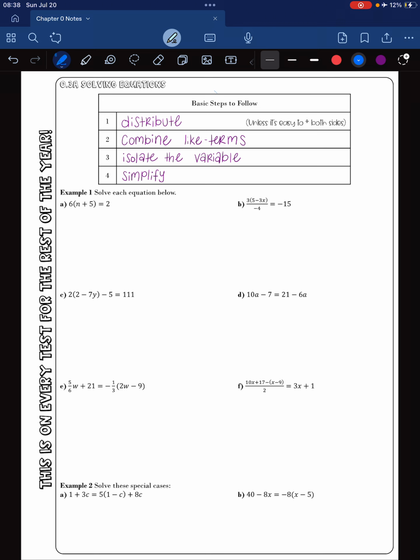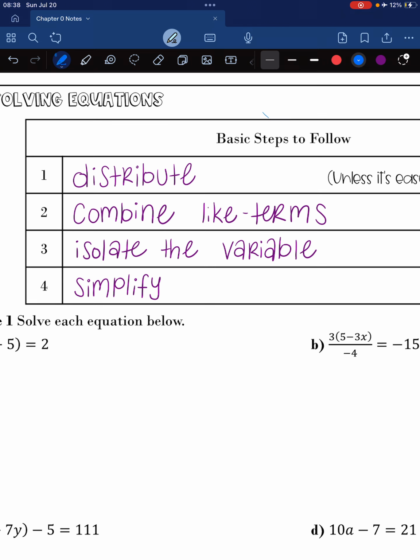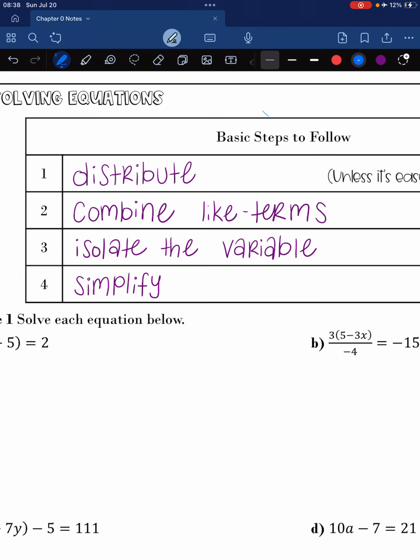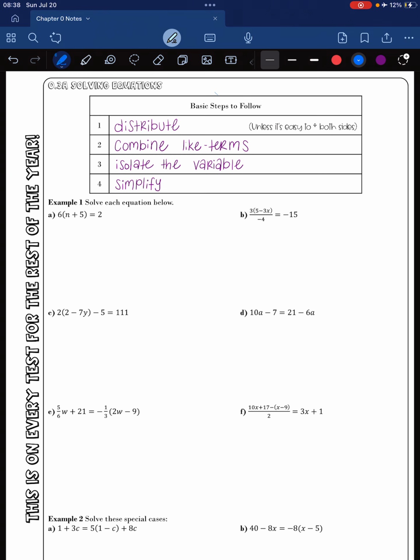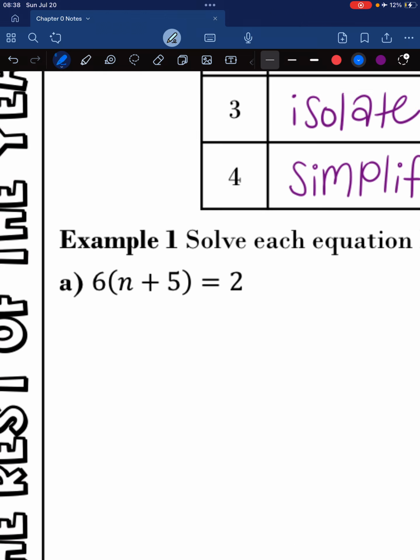But when we are trying to isolate the variable, which is step 3 here, we just need to make sure that we are kind of like undoing those order of operations backwards. We're going to isolate the variable by getting rid of addition and subtraction first. And then we're going to get rid of multiplication or division. And then finally, exponents, parentheses, etc. Okay, so let's look at how that works.